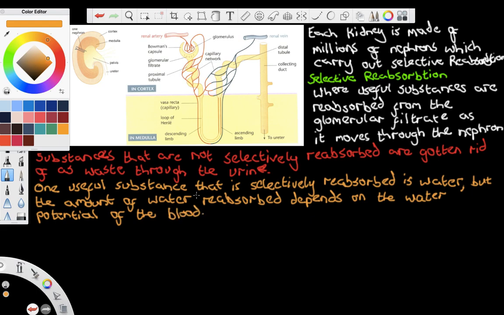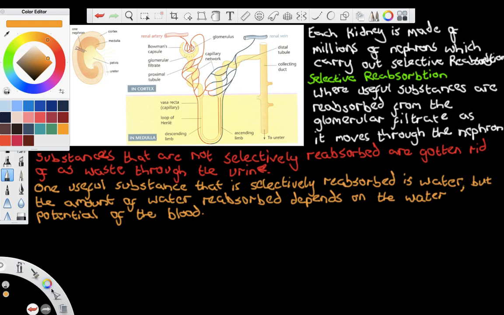Okay? Now, inside the blood, there are many solutes that change its water potential. If there's more solutes, therefore there will be a lower water potential. Okay?